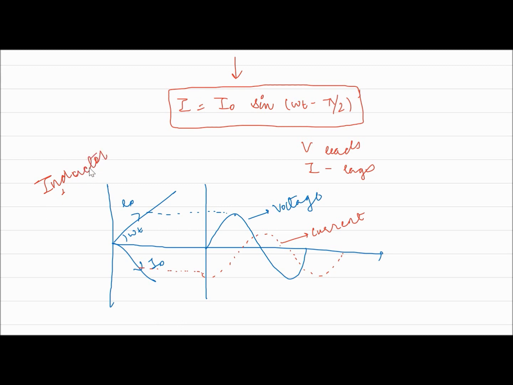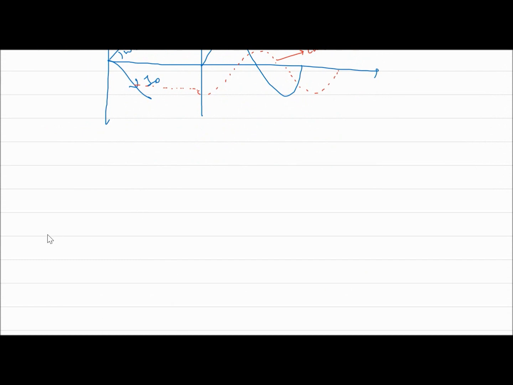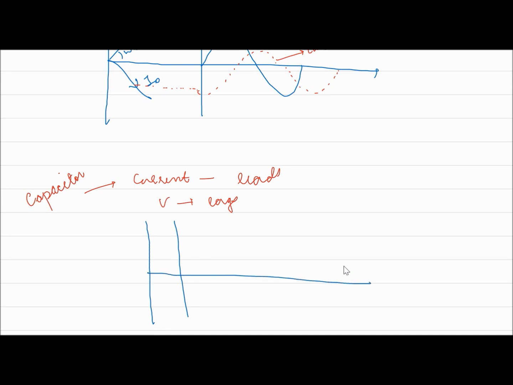We also have a graph for a capacitor. In the case of a capacitor, the current leads and the voltage lags. So the graph is, omega t.